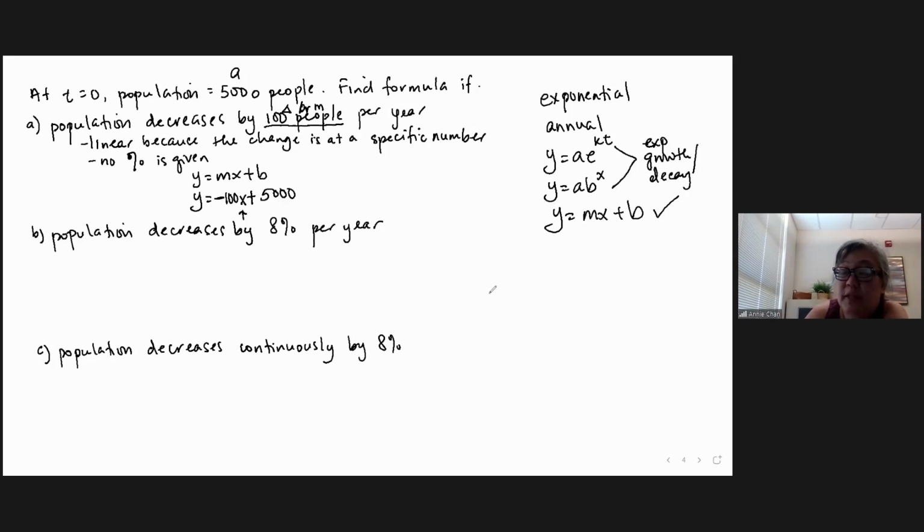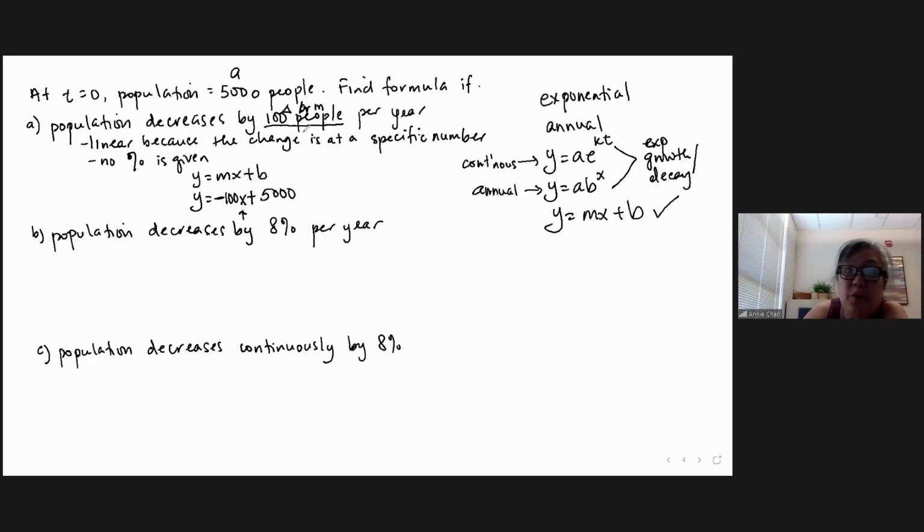What is the difference between the two? A b to the x is annual and a e to the k t is continuous.